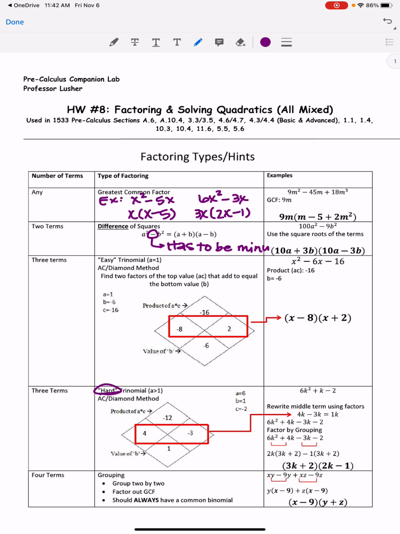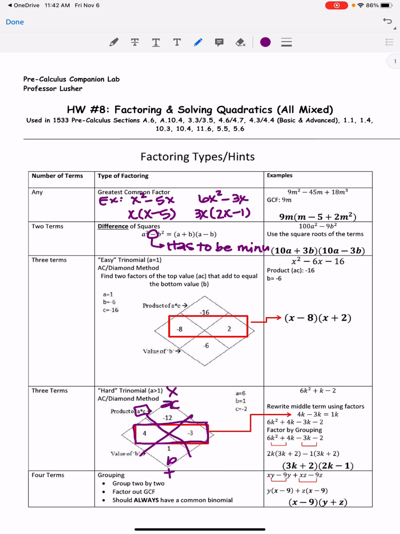Then your hard trinomial has a couple extra steps. Hard is when you have anything greater than 1. So notice here you have a 6. You still make your x. You have your a times c, so 6 times negative 2 to get that negative 12. Your b term goes down here, so your coefficient is 1. What adds up to b and multiplies to ac, and you take these numbers here.